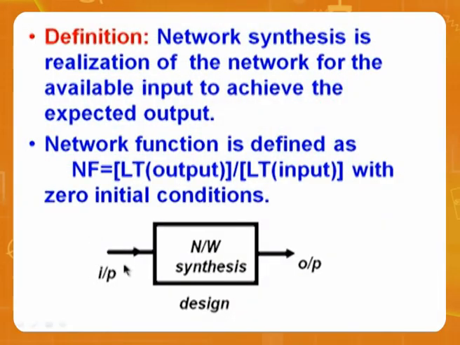For example, if you want to see sinusoidal inputs, the best one is the Fourier transform of output by the Fourier transform of input. So depending on the inputs you are given and the system you are dealing with, it can be a Z transform ratio, a ratio of Fourier transforms, or a ratio of any transform. That is generally called the network function.